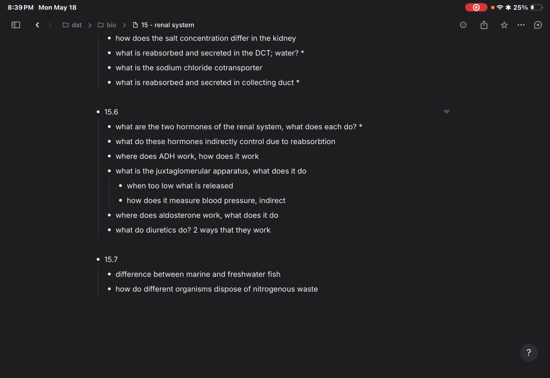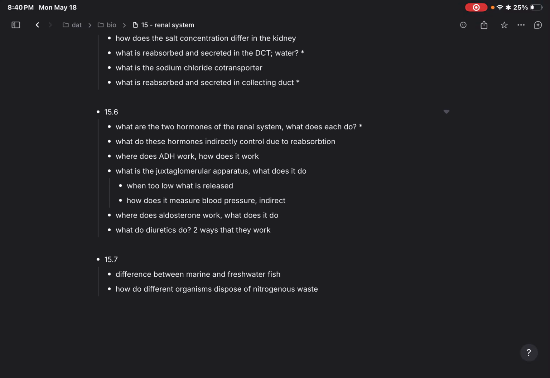So now that brings the juxtaglomerular apparatus. It measures if blood pressure is too high or too low. However, it doesn't directly measure blood pressure. It measures the ion concentration, the salt concentration in the blood. Because if you have a high concentration of salt, that means you're retaining more water, right? But if you have a low concentration of salt, that means you have a lot of water in the blood.